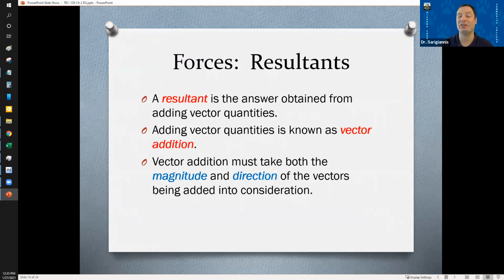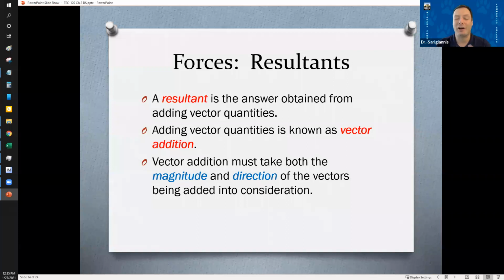When we take forces and put them as vectors, we're going to talk about something called resultants. A resultant is what you get when you add vectors together. And when I talk about adding vectors together, adding in the sense that you could be subtracting, right? Because vectors are going to have components.